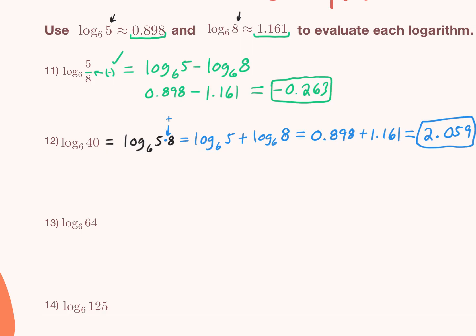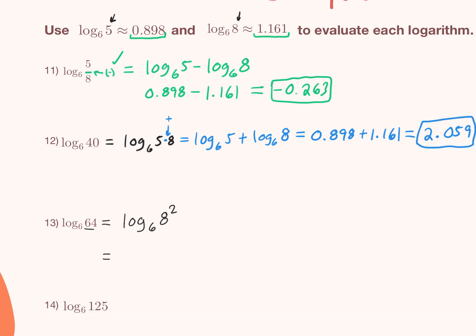All right, I have a log base 6 of 64. All right, there's a couple ways that you can go about this, right? Again, keep in mind, you're going to use either the 5 or the 8 somewhere in this computation. All right, log base 6 of 64 is the same as log base 6 of 8 to the power of 2. All right, we know that 8 squared is 64.